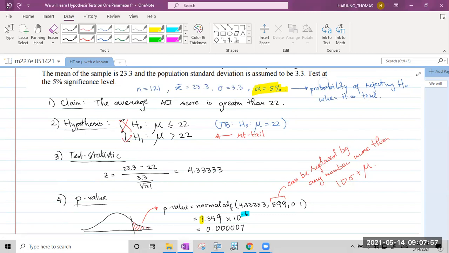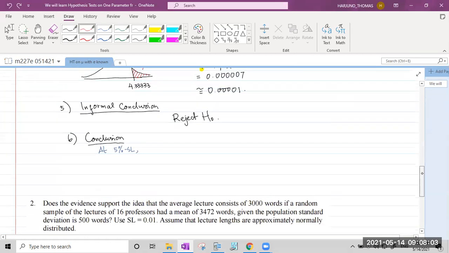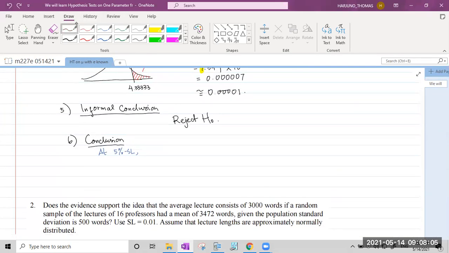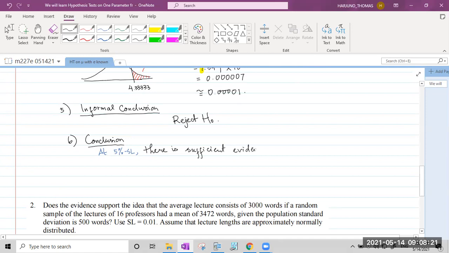So even though in step 5 it is reject null hypothesis, it doesn't mean we reject the claim, because the claim is with the alternate hypothesis. So there is sufficient evidence to support the claim.